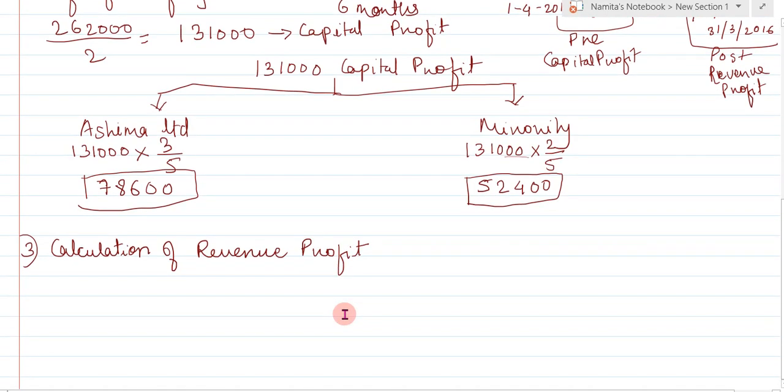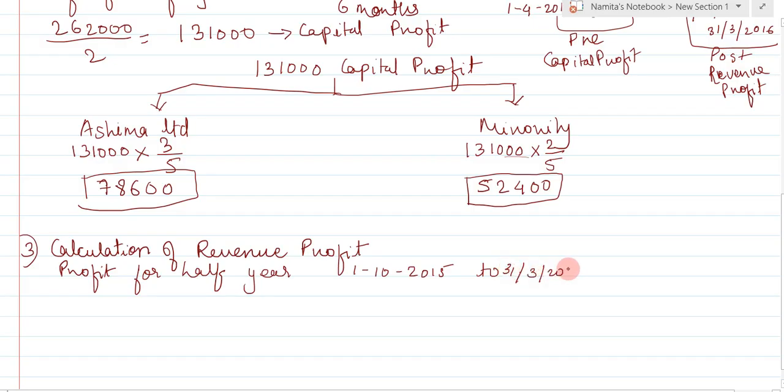So if you count the total months, there will be 6 months. So for calculation of revenue profit, you will take the profit for half year, that means 1st October 2015 to 31st March 2016. Total how many months? 6 months.